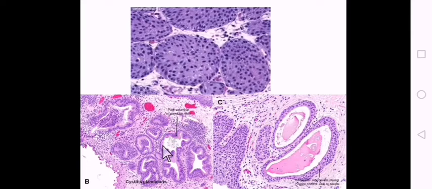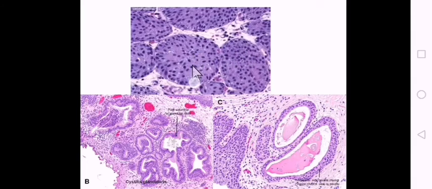Sometimes there is invagination of the urothelium into the lamina propria, so there will be formation of a nest that is called Brunn's nest. This is a Brunn's nest.